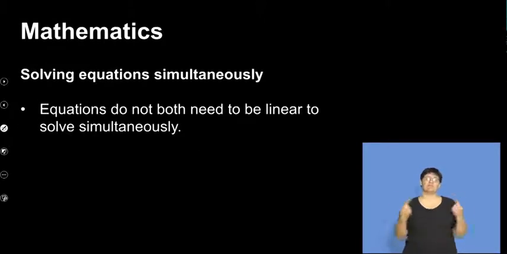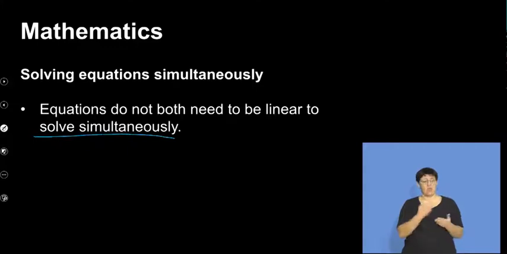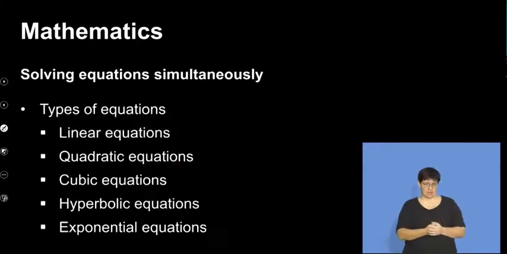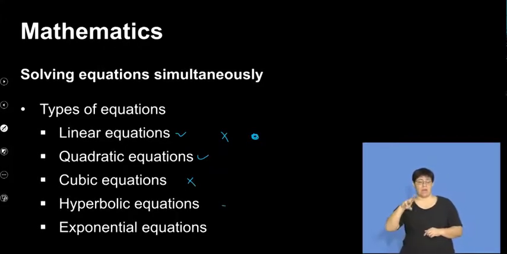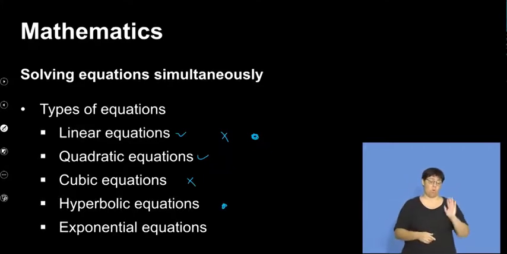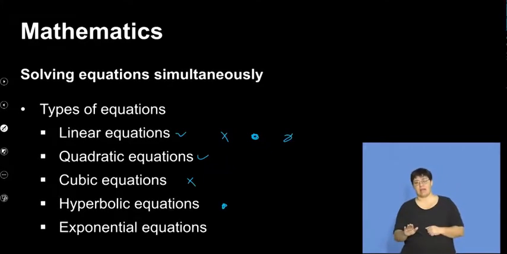Now, to solve simultaneous equations, the equations do not both need to be linear in order for us to solve them simultaneously. At times, the equation can either be linear and quadratic, or linear and cubic, or linear and hyperbolic, or linear and exponential.